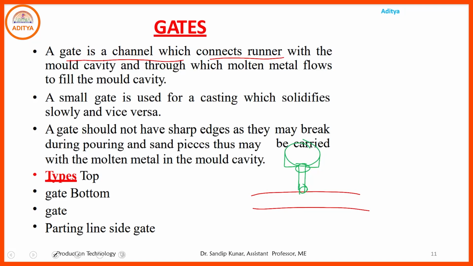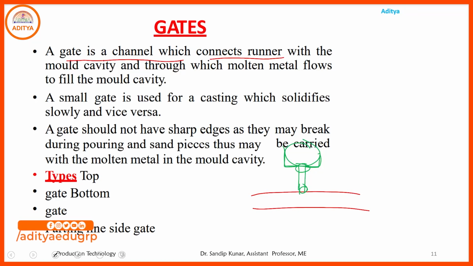Otherwise, if the whole shape of the mold cavity does not fill up properly, that portion of the shape will not be produced, meaning the entire product will not be produced. So gates also control the flow of the molten metal to the mold cavity.